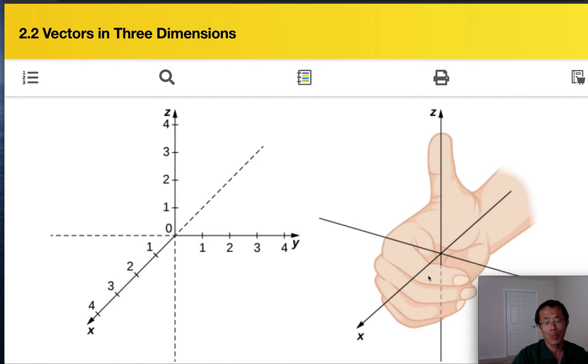For our class purposes, it might be very helpful if you consider this the only arrangement we may have for three-dimensional space. Do not make any changes, especially do not switch the x-axis and y-axis. This is how we draw three-dimensional space on a plane, x, y, z, using the right-hand rule.